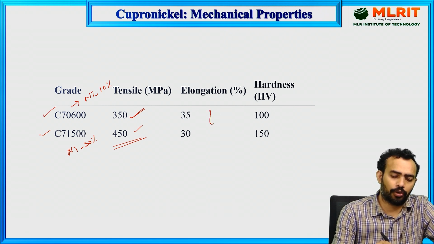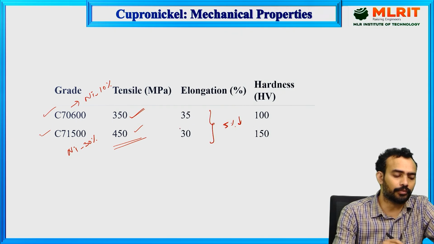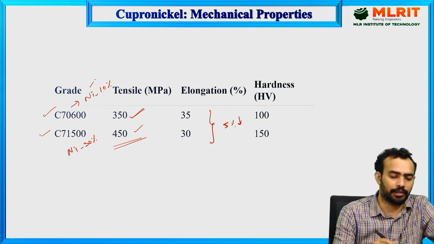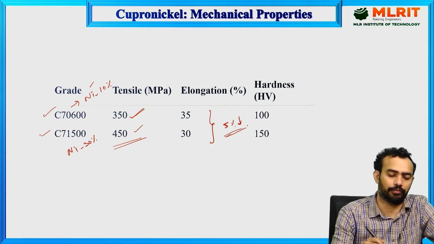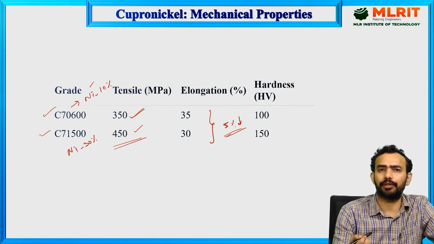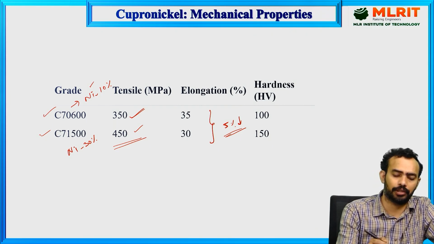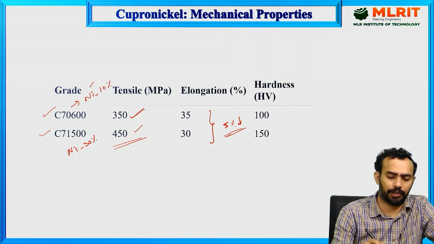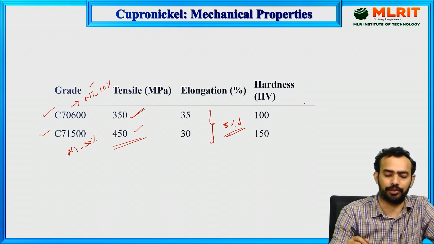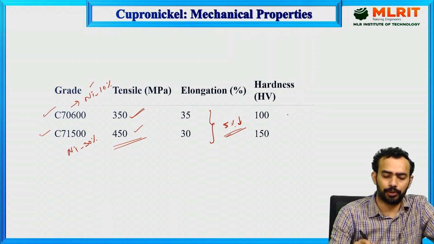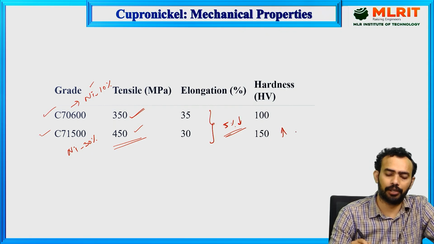In terms of elongation, there is a reduction of about 5 percent with the addition of nickel. As the strength improves, its elongation is reduced, because copper has a very good elongation percentage. The addition of nickel significantly reduces elongation and also increases the hardness value.